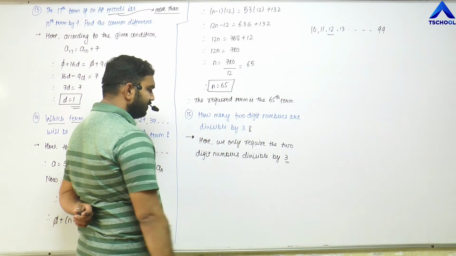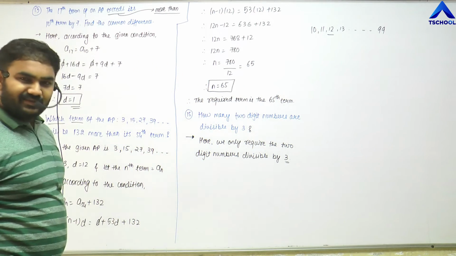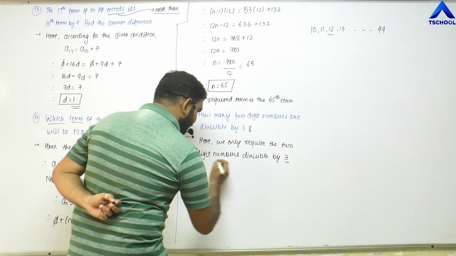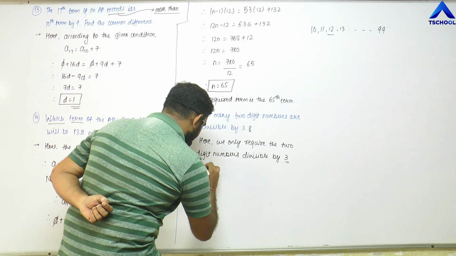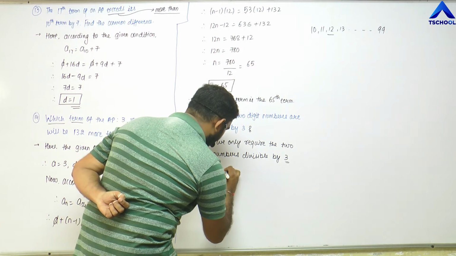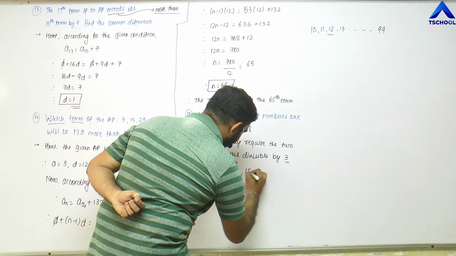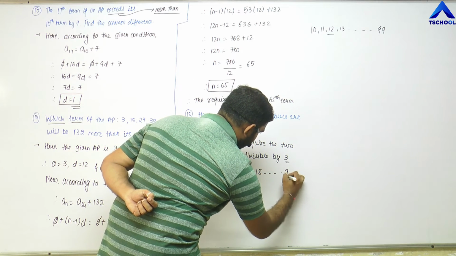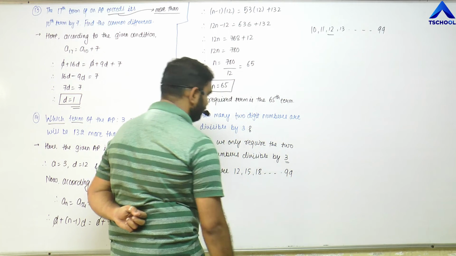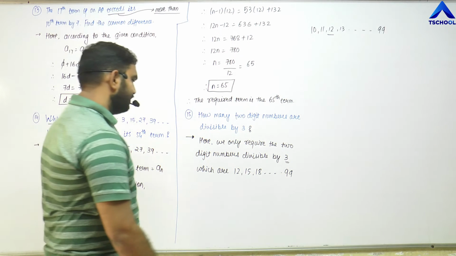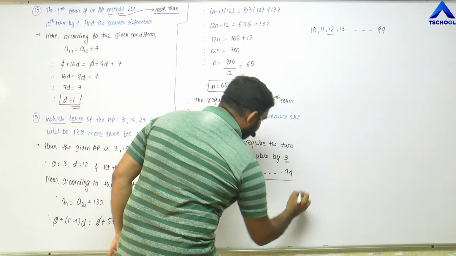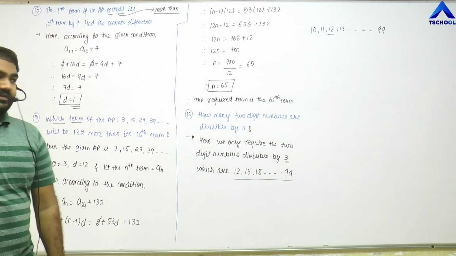Here we only require the two-digit numbers divisible by 3, which are 12, 15, 18 up to 99. See, friends, the number 99 itself is divisible by 3. You can get 33 as the quotient and 0 as the remainder. So we got the AP here, that is 12, 15, 18 up to 99.